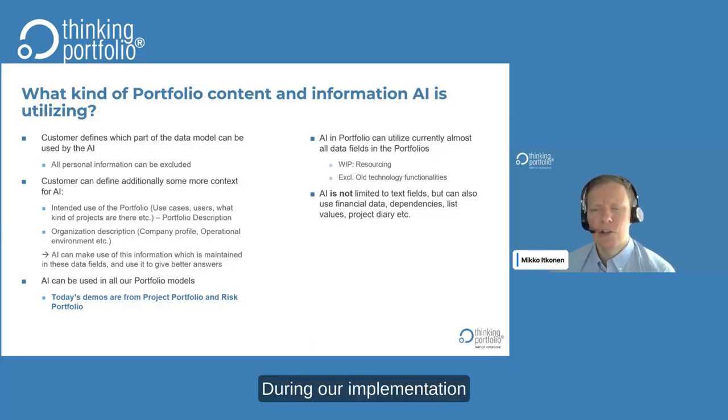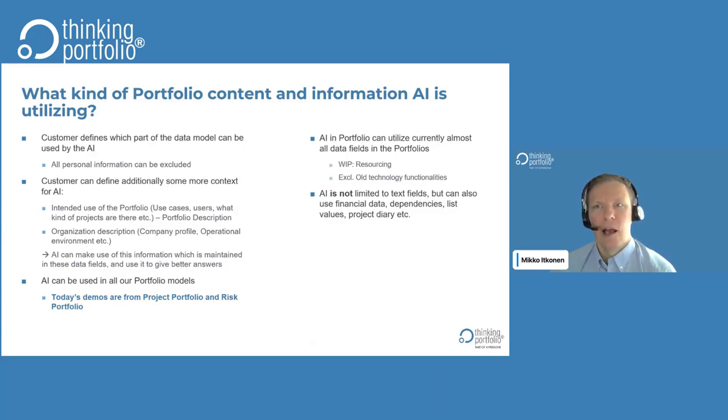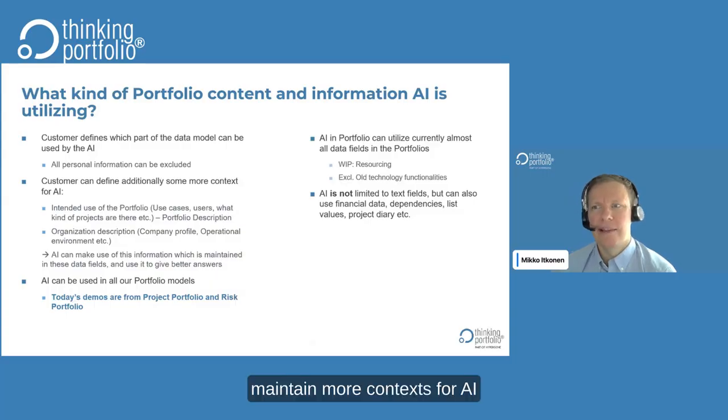During our implementation project for AI, it became clear that we have to somehow localize the AI for the end user organization. So in the Thinking Portfolio platform, we can maintain more context for AI within the platform.